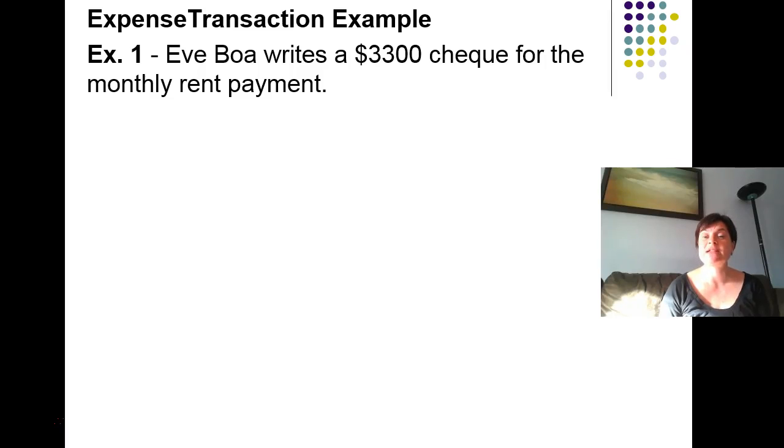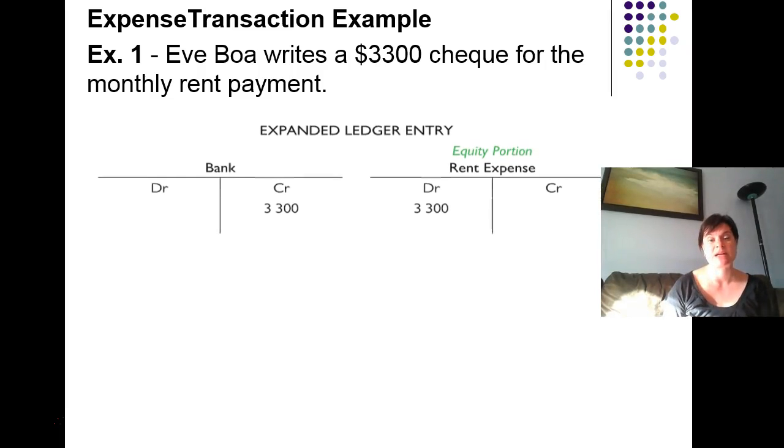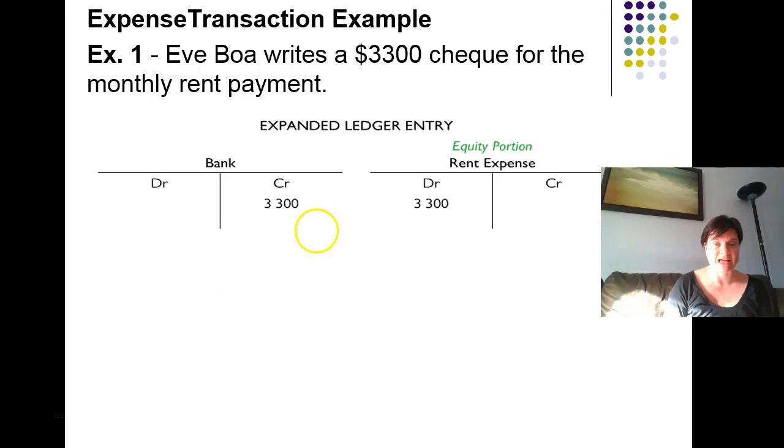Again, we used to debit capital, but we no longer can do that. We have to debit something else. So we're going to debit an expense account. And so here we are crediting cash, $3,300, and now we're going to debit the rent expense, $3,300. And we know that an expense decreases capital, capital decreases on the debit side, and therefore we're going to debit rent.